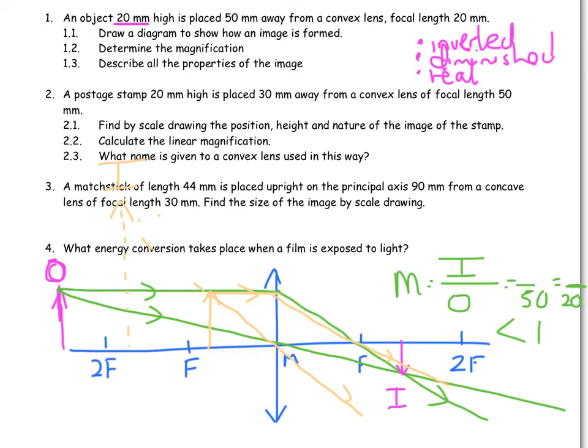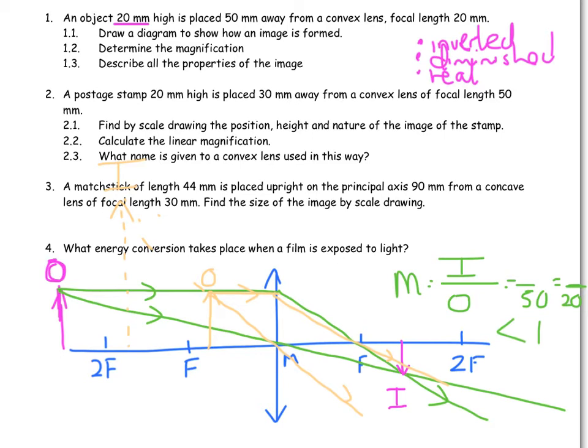Calculate the magnification. This time you would measure the object distance and the image distance, and you would put image distance over object distance, and you'll get a number much bigger than 1. Or you would have gone image height over object height, and you again would get a number much bigger than 1.